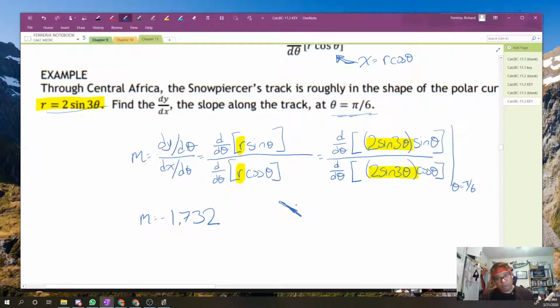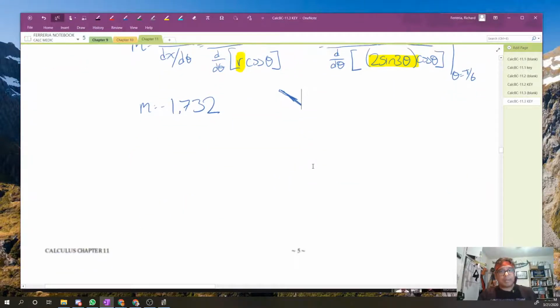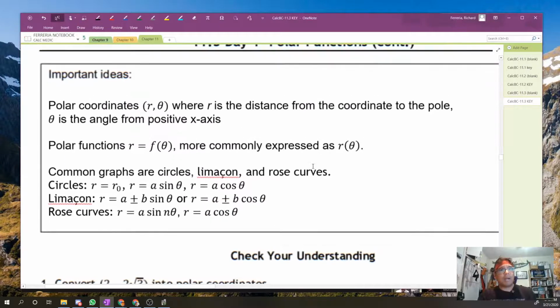That's the slope of the curve. No, I shouldn't say it's moving. That's the slope of the curve that it's on. It's a downwards slope.